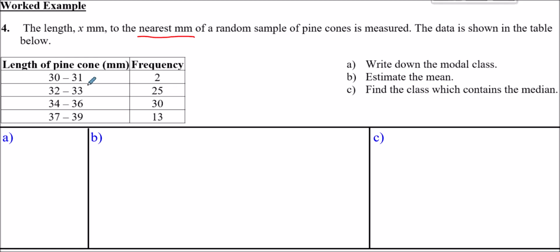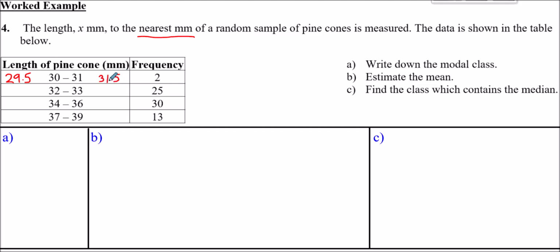So if we look here, the absolute minimum we could have, so it still falls into this interval, would be 29.5. 29.5 would round up to the nearest millimetre to 30. Then between 31 and 32, the cutoff would be halfway between these two, so the cutoff would be 31.5.